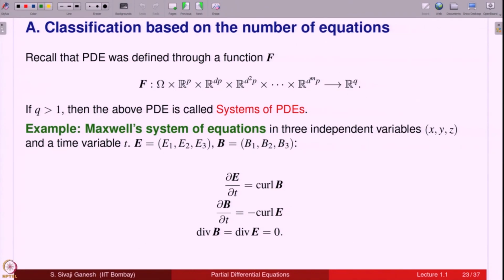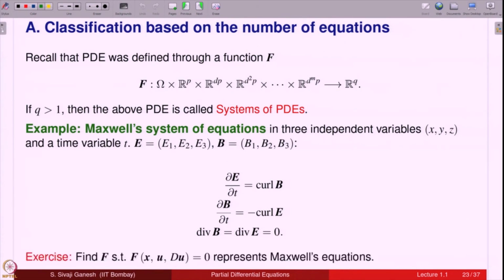That means there are 4 independent variables here, and E is a 3-vector E1, E2, E3, 3 functions, B is 3 functions B1, B2, B3, and dou E by dou t equals curl B, dou B by dou t equals minus curl E, divergence of B and divergence of E are 0. So, this is indeed a PDE system, you must write it in this setup, and that is left as an exercise to you.